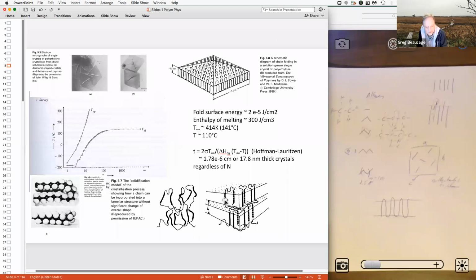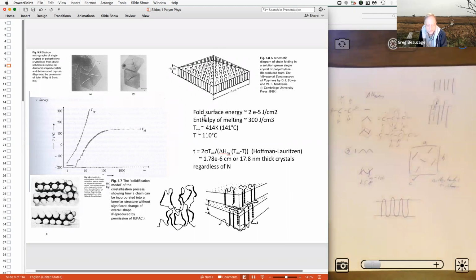This is because the aspect of this thing is going to be related to the energies of the surfaces, and this fold surface has a huge energy. In fact, the fold surface energy is about 2 × 5 joule per centimeter squared.